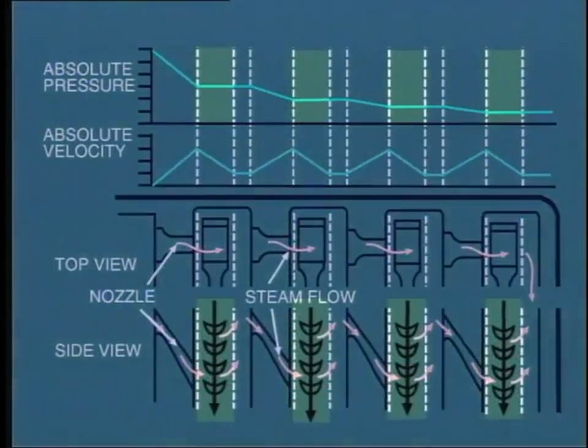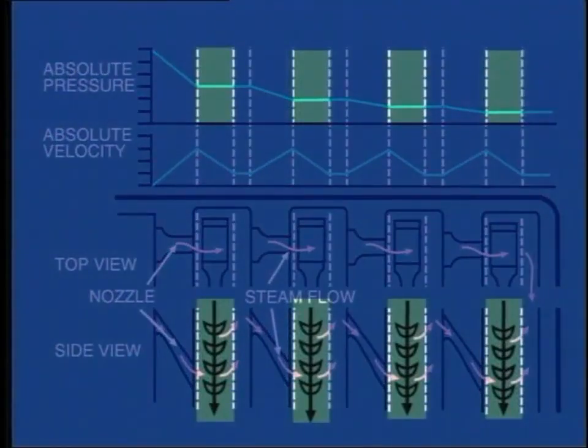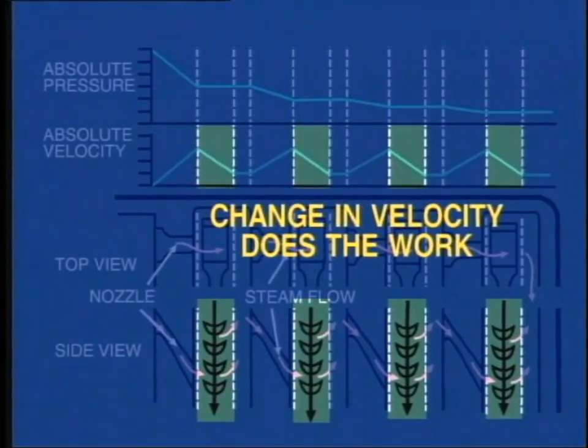But look what happens here to the pressure as the steam passes through the moving blades. It does not decrease, neither does it increase. In fact, the pressure across the moving blades remains the same. It is the change in velocity which actually does the work and provides the energy to drive the turbine.